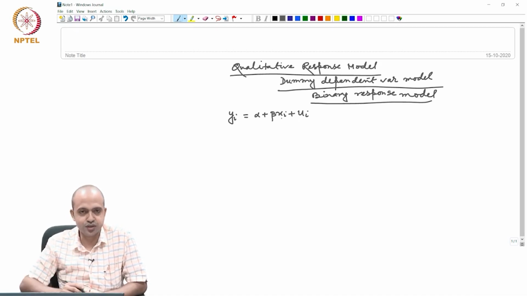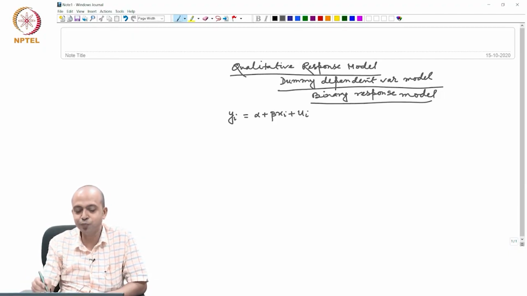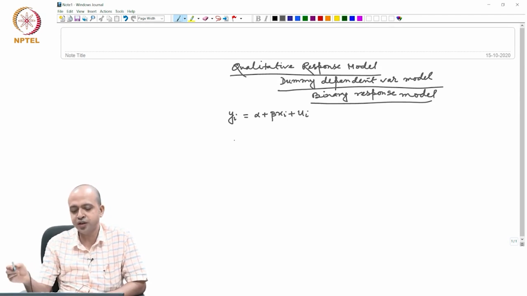So, when the independent variable is qualitative in nature, we said that we have to convert this qualitative information into a quantitative one using the dummy variable approach. Now, the same dummy variable we can apply in this context also, when your dependent variable is qualitative in nature. That is why the name: dummy dependent variable model, qualitative response model, or binary response model.